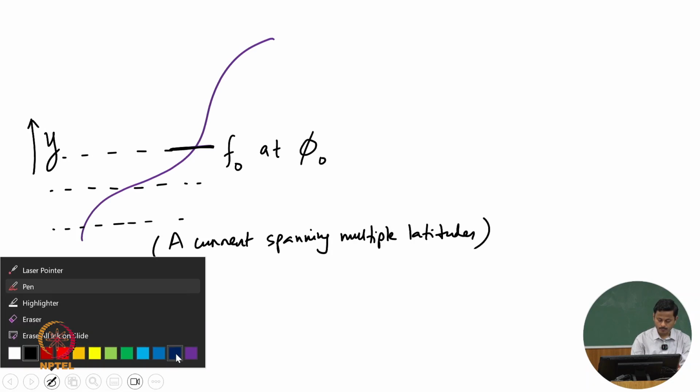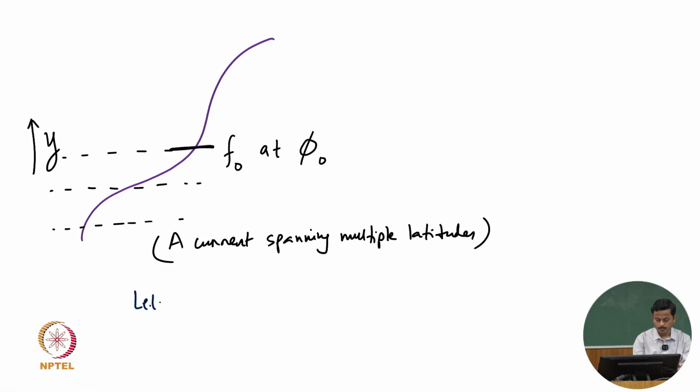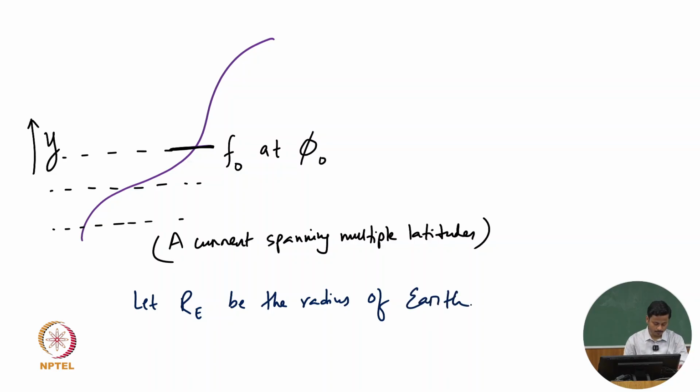So let RE be the radius of Earth. Now y by RE is a small quantity.